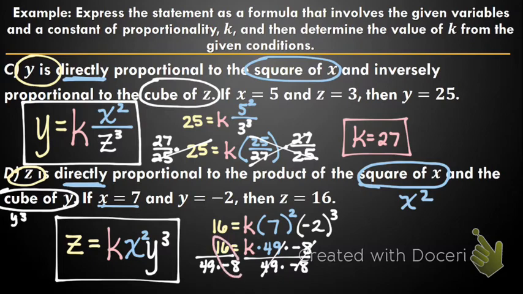What do you notice right here? Yep. 16 divided by negative 8 comes out to be negative 2. So K is what? Negative 2 over 49. If I had multiplied those two together and then divided and reduced, it would take me a lot longer. I'd still get the right answer, but it's going to take a lot more work.